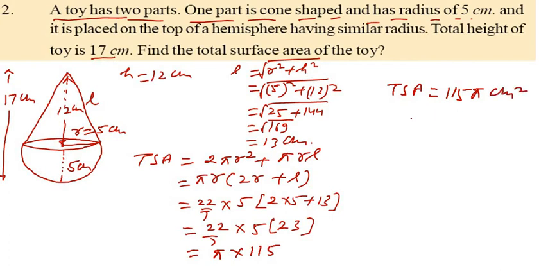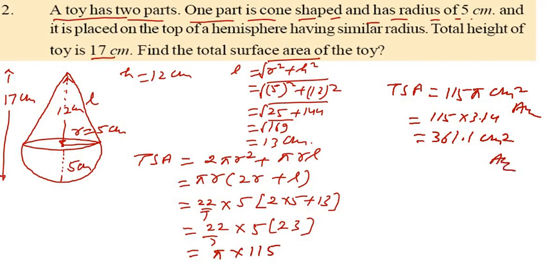If you want to put the value of pi as 3.14, you can multiply it and get the answer, 361.1 centimeter square. So you can write any answer, it's your choice. Both answers are correct.